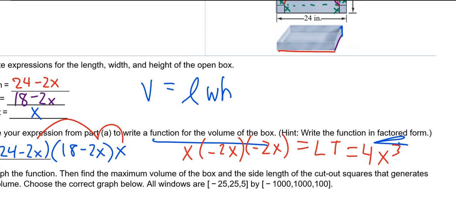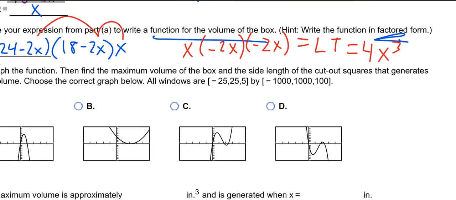Last week, we talked about end behavior of polynomial functions. For end behavior, we used words like up and down. When we see that this is a positive 4, what do we know about the right end behavior? Which word would you use, up or down? That means the right end behavior has to be up, because it was a positive 4.